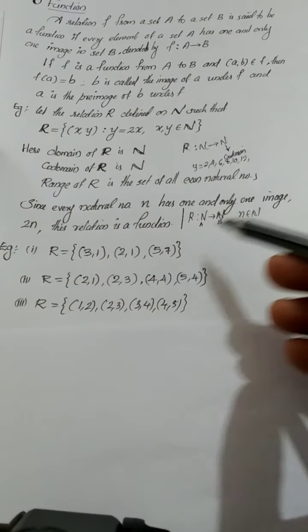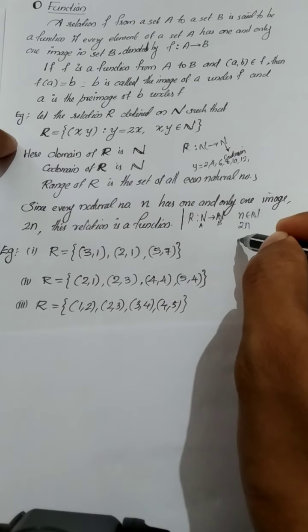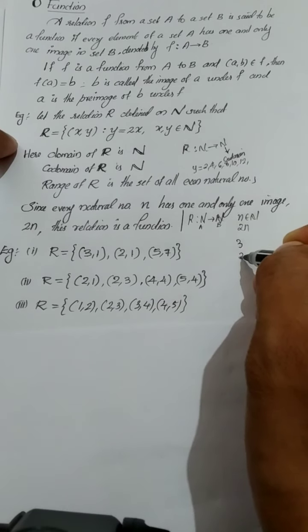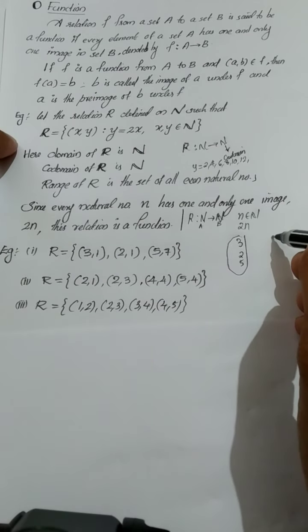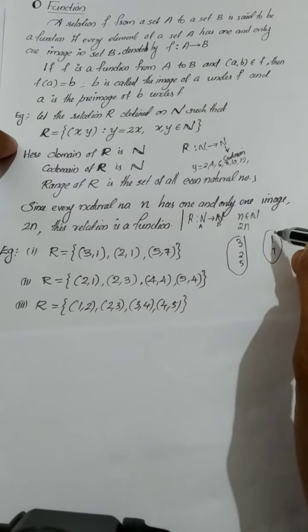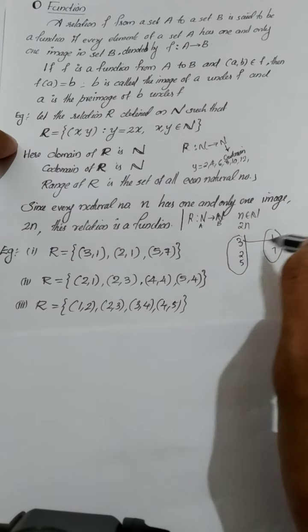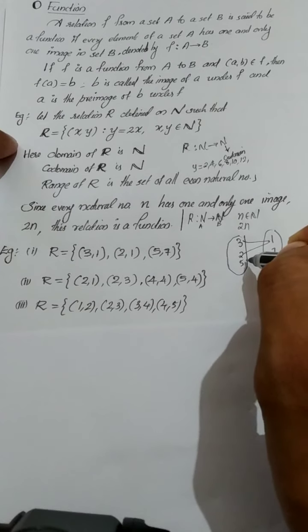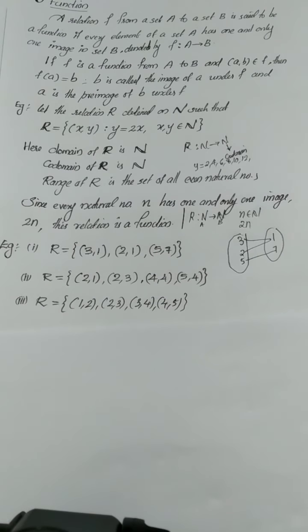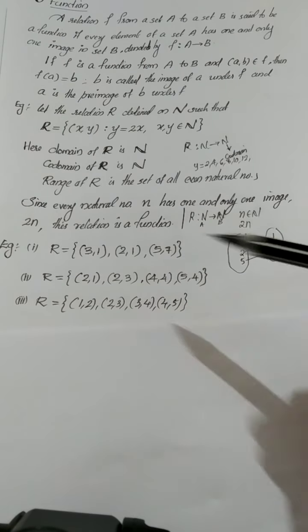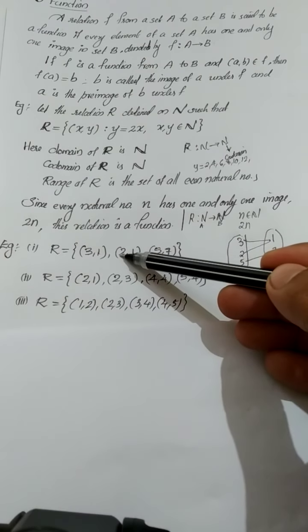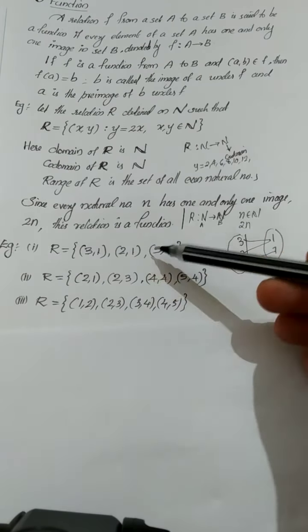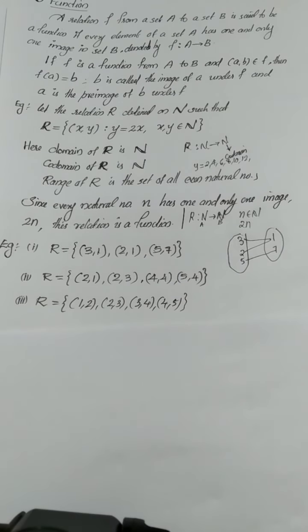Here we have the domain 3, 2, 5 and the codomain 1, 7. 3 to 1, 2 to 1 and 5 to 7. This is a function because here 3 has one image 1, 2 has one image 1, and 5 has image 7. So this is a function.